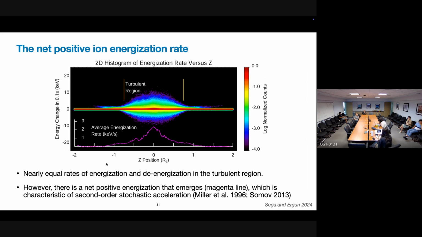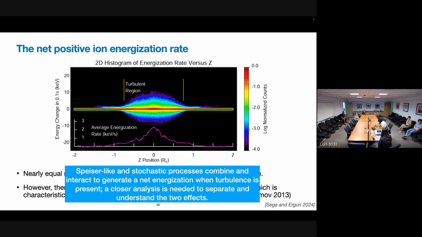But if you sum all the energy change together, you have this magenta line showing a very significant positive peak around the current sheet at z equals 0. And overall, even when you go out of the current sheet, it's still a net positive, just smaller. So this net positive energization shows there is second-order stochastic heating happening in this system.